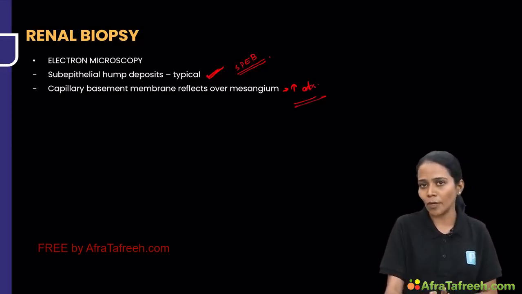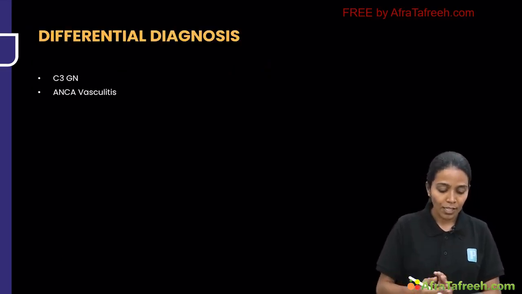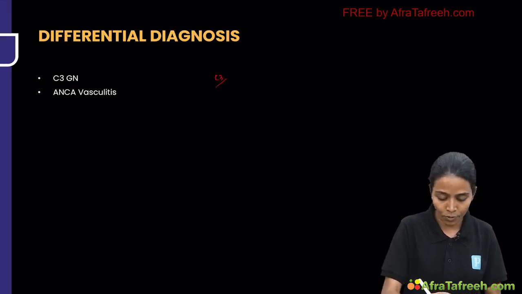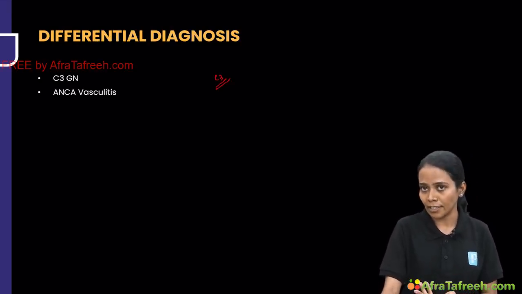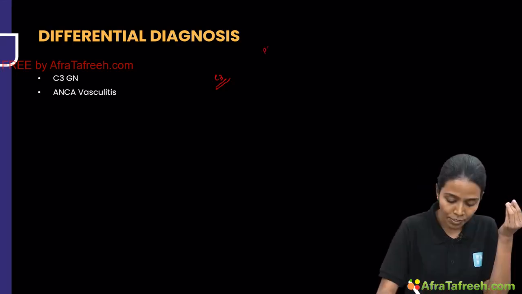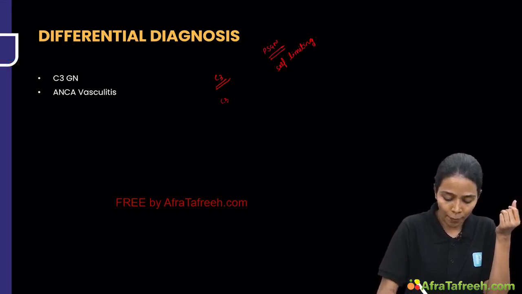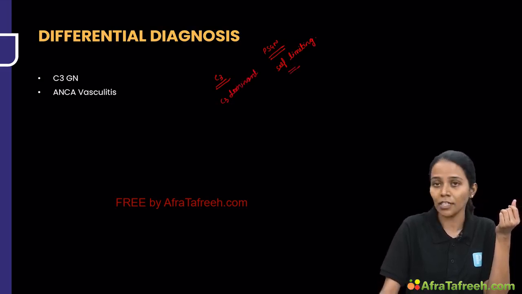So far in renal biopsy, we found that immunofluorescence is very important. Now, differential diagnosis C3GN, because I told you plenty of C3 deposits are going to be there in the kidney, so it becomes C3GN. PSGN is a self-limiting disease. And here what happens is C3 is dominant. In investigation, here C3 is dominant, here C3 need not be dominant in PSGN.